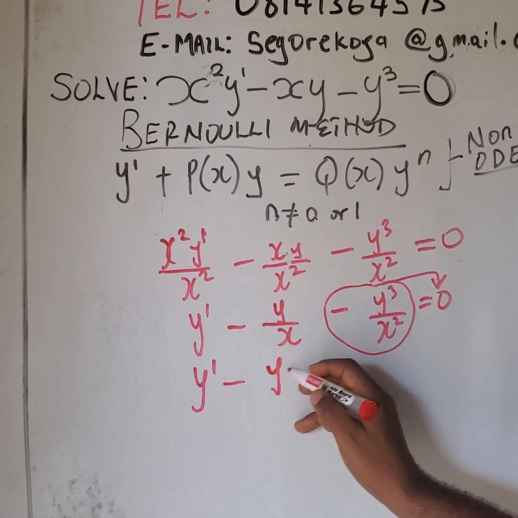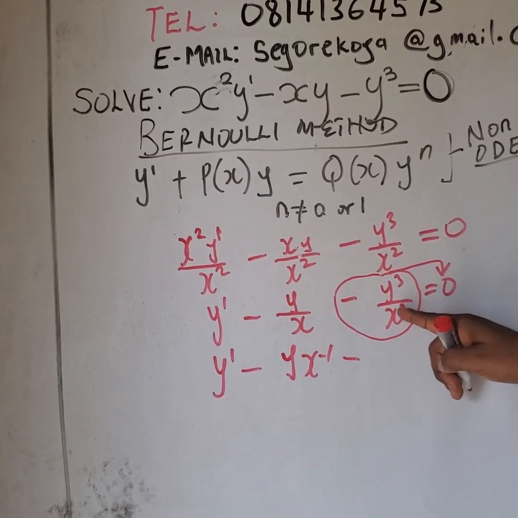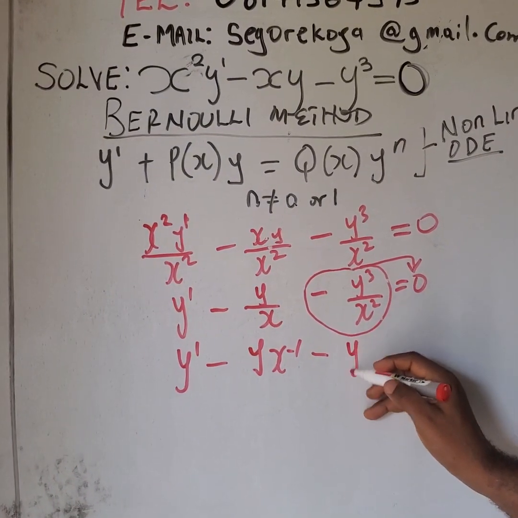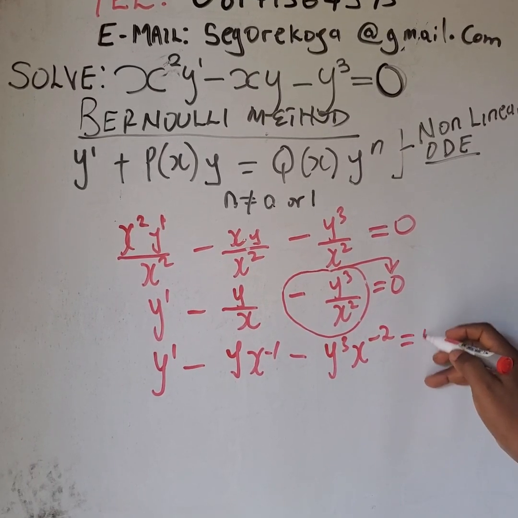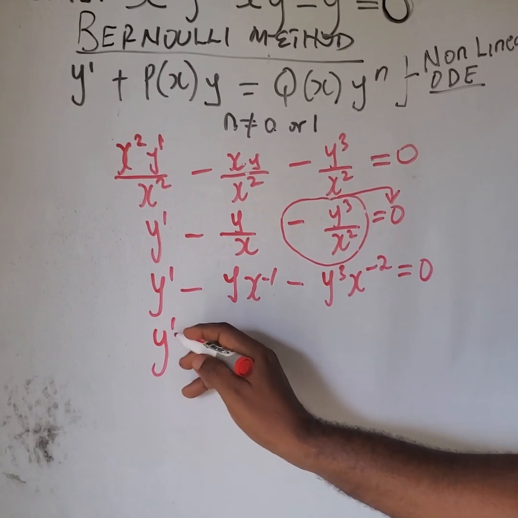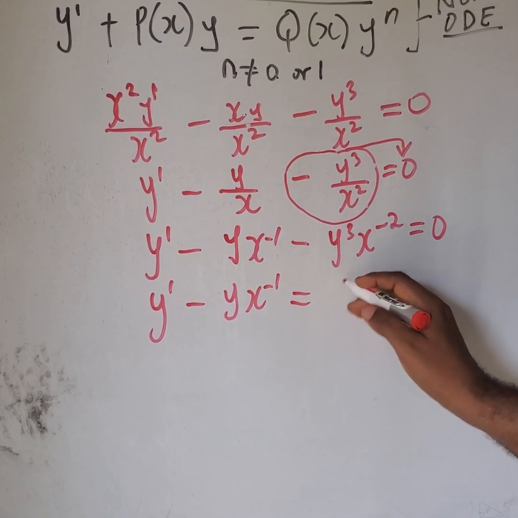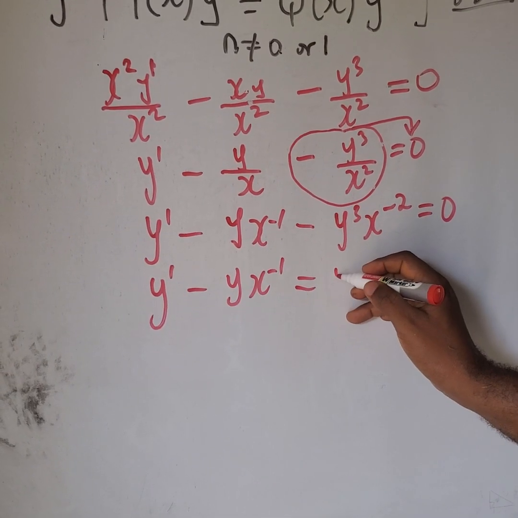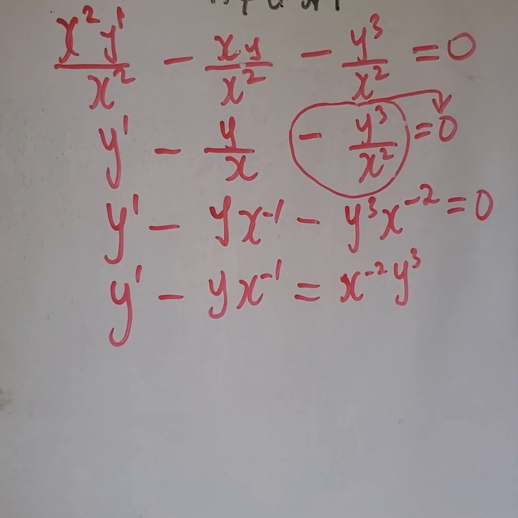So this becomes ys raised to power minus 1 minus, when we carry this s squared up, this is a positive power. When you carry this up, it becomes negative. So we have y cube s raised to power minus 2 is equal to 0. So taking this to the other side now, we have y prime minus yx raised to power minus 1 is equal to this minus. When you take it to this side, it becomes plus. So we can write this one as x raised to power minus 2 y raised to power 3.